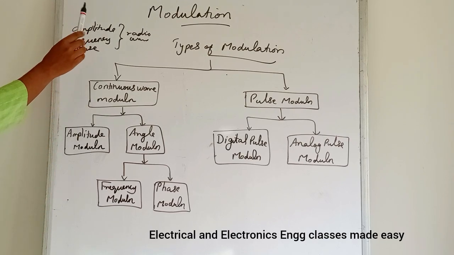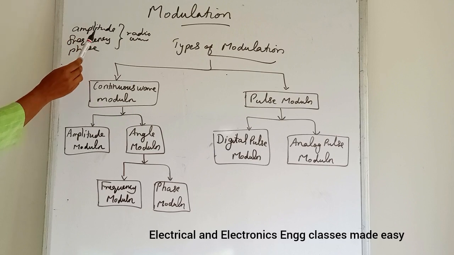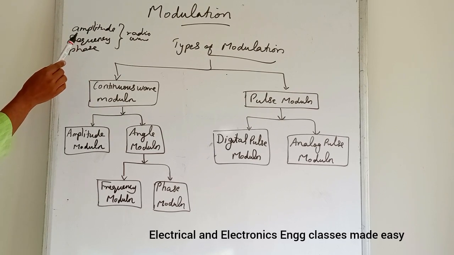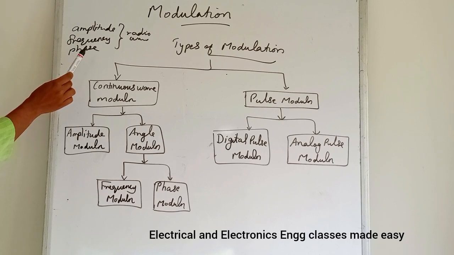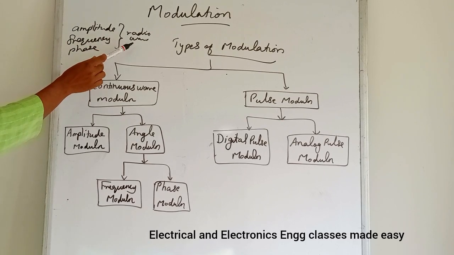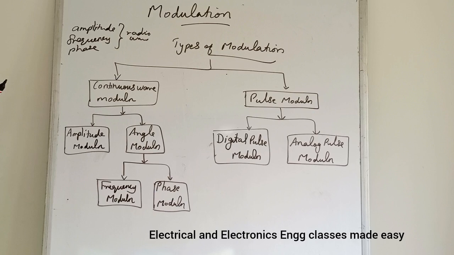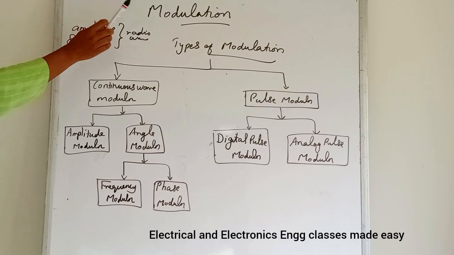So, the method by which the parameters like amplitude, frequency or phase of the radio wave, which is called the carrier wave, are varied in accordance with the information to be transmitted is called modulation.